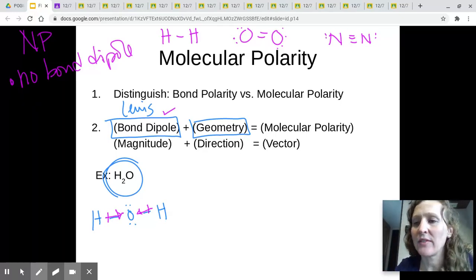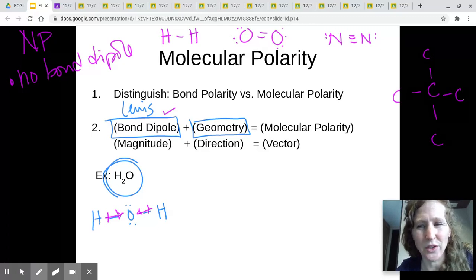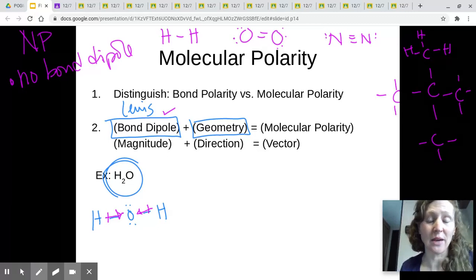You would have to have a molecule that is completely made up of the same atom, which is pretty unusual. Even if we were to attach a whole bunch of carbons to each other, those carbons would still be attached to hydrogens, right? And those hydrogens would now have a dipole when you compare them to the carbon.